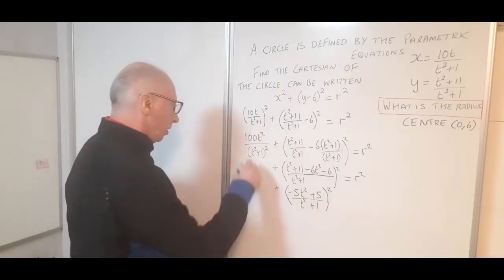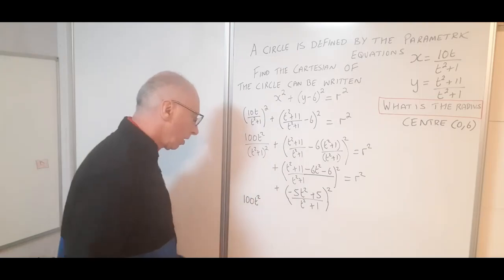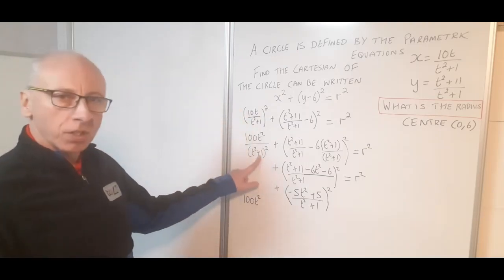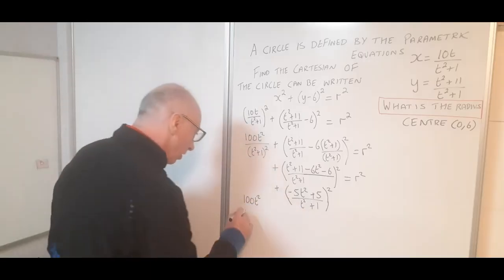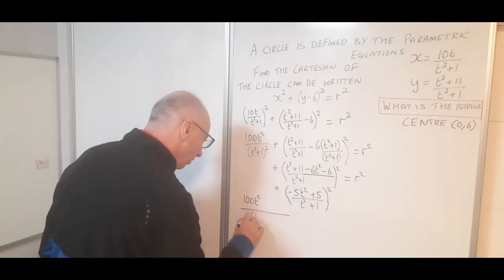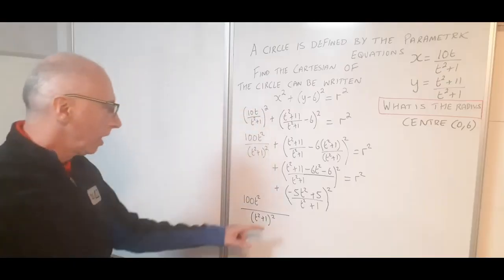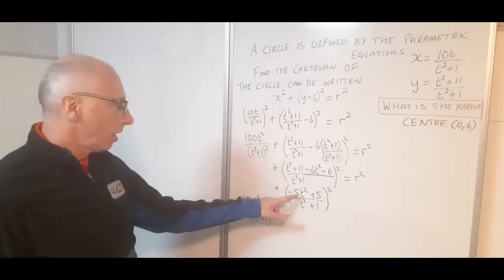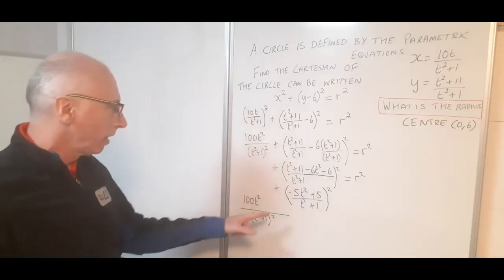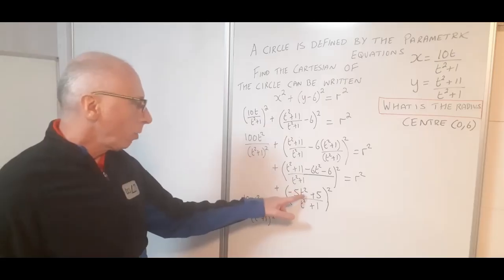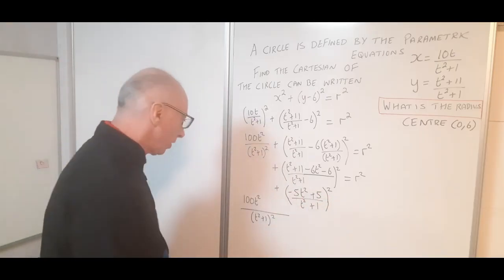So now I've got 100t squared. Right, I've got a (t squared plus 1) squared here. I'm going to end up with that on the same here, so I'm going to write this as my fraction for both. So that would take care of that. Let's have a look what's going on here. I'm going to basically FOIL out just this numerator and see what I get. So minus 5t squared, squared, that's going to give me 25t to the 4.